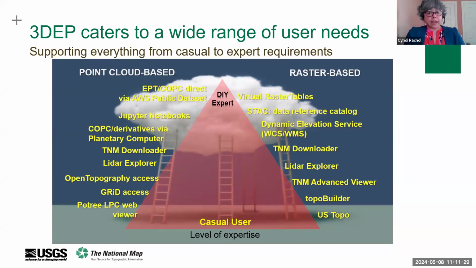Casual users may have their needs fulfilled through our existing cartographic products and pre-made maps, like our US Topo series. We also have many click and play interactive apps for use. And while I plan on touching on most of these today, these three are still in the works and are future applications that our data delivery team is developing.